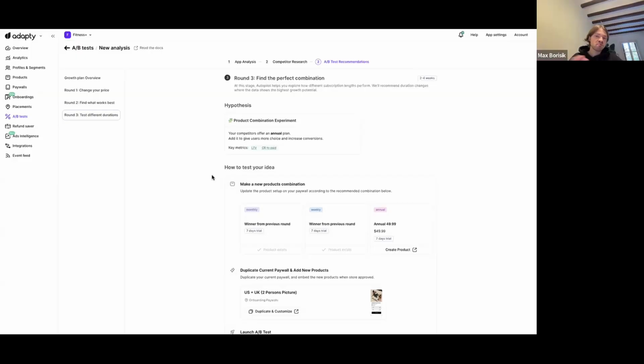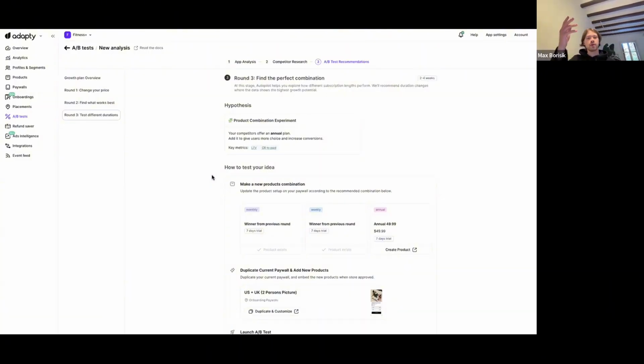And then in the future, we plan to add more functionality like giving you visual ideas, right? About what you should try out in terms of visuals. Is it the free trial toggle or the arrow or the cross button and all this stuff? And same with the geo pricing.